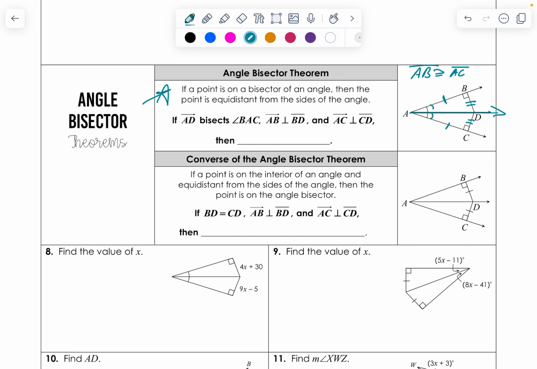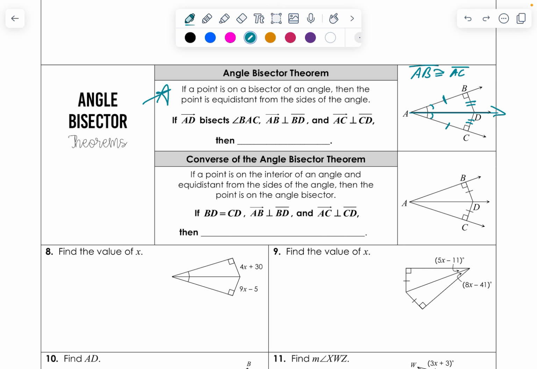It's the same distance from the vertex. This distance would be a little bit longer, because the angle's bigger there. So the distance that we mark equal distance from the sides is the same distance from the vertex.